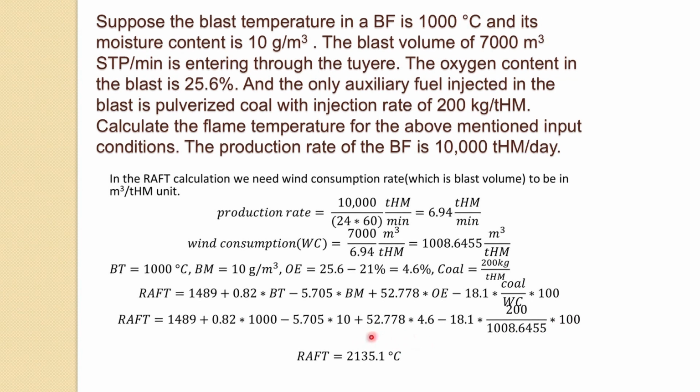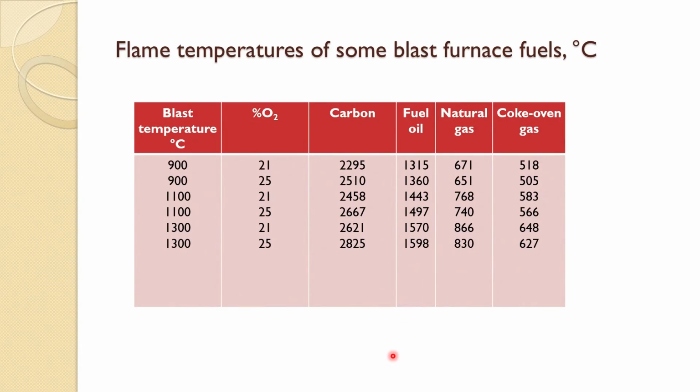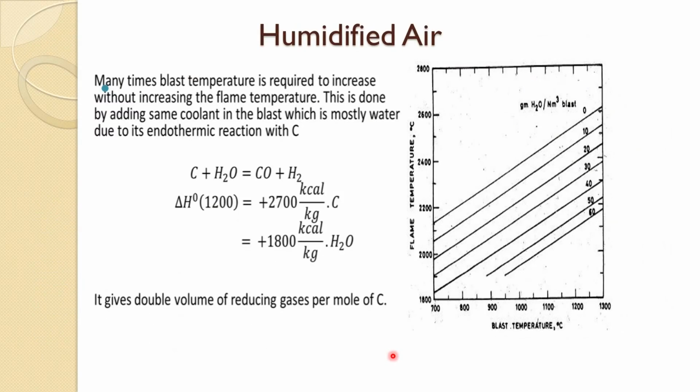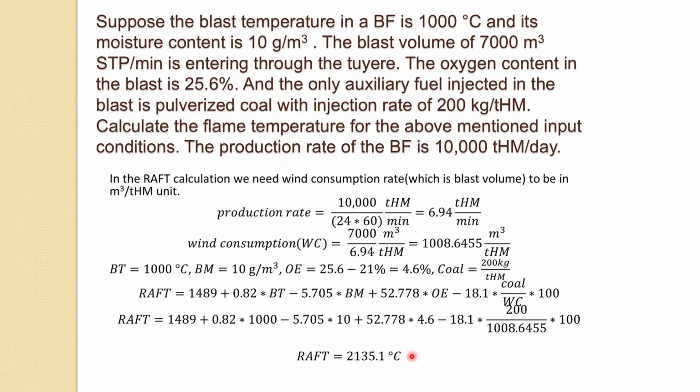So, the flame temperature comes to 2135, and that seems quite reasonable, as we have seen in the previous table. So, that seems a very reasonable flame temperature in that condition.